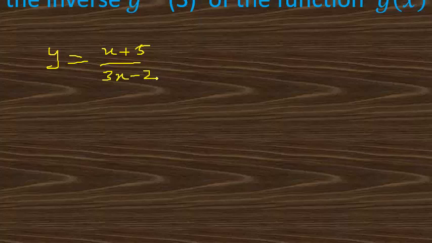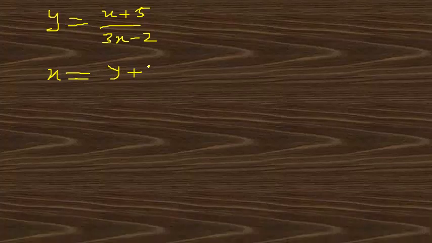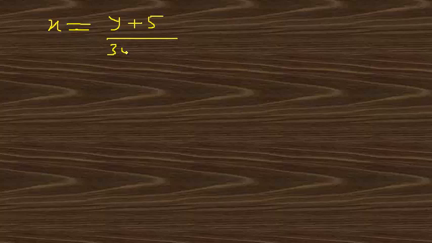All right, so interchange x and y. So x equals y plus 5 over 3y minus 2.